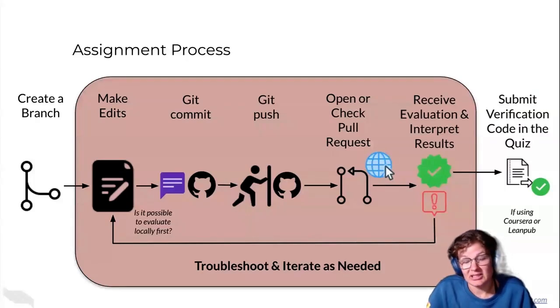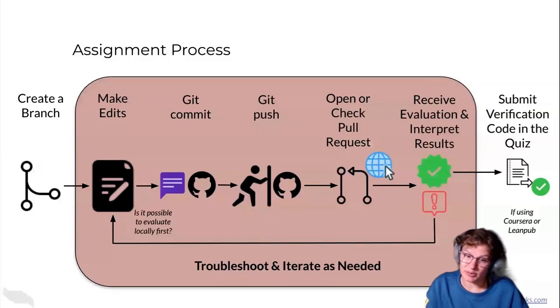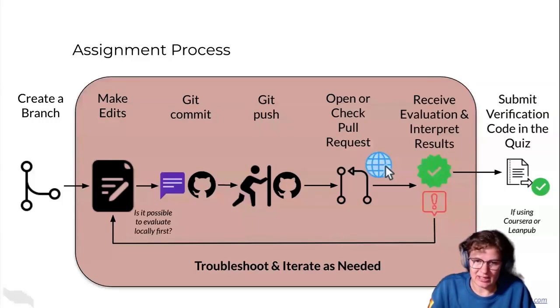When you open the pull request, it'll evaluate it. If you don't pass, that's okay. You can just keep trying, keep building, keep iterating, because this is often what happens when we are doing software development, until you get that green check mark. When you get that green check mark, you'll also be given a verification code. It's going to be printed out right on that pull request. We'll go through what this looks like in some future videos.